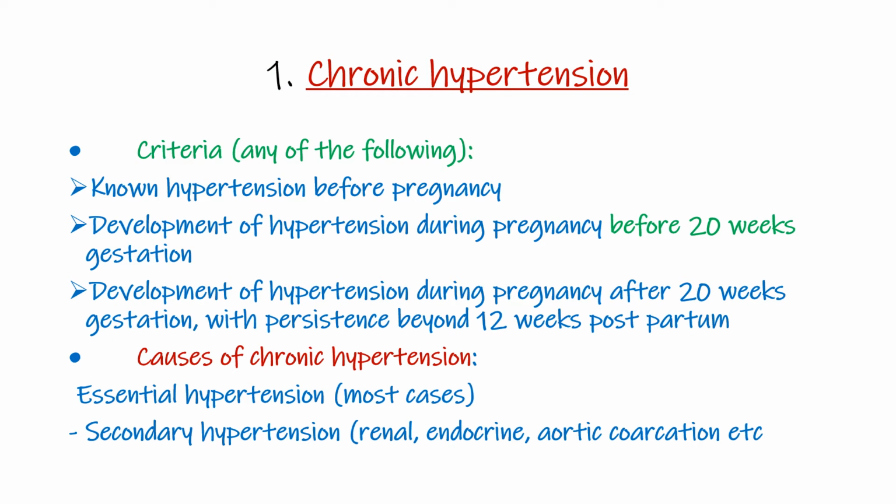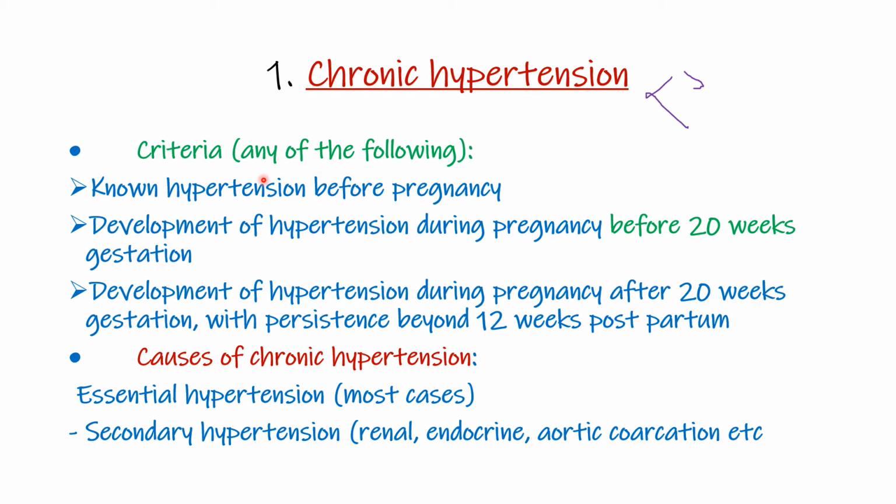So in these few slides, we are going to dig in on more of the definitions. Just to recap what we already know, we said chronic hypertension is when you have hypertension that occurs before 20 weeks. And we say this is when you have hypertension that predates pregnancy, or hypertension that was already there before pregnancy. So let's look now at the definitions or the criteria.